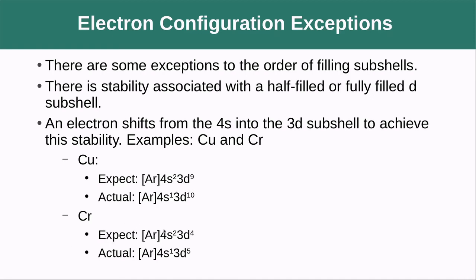We would expect it to be 4s2, 3d4, but in actuality, it's 4s1, 3d5. I point these out to you, but I'm actually not planning on asking you any kind of gotcha questions where this is really going to play into it. I try and make these questions pretty straightforward.